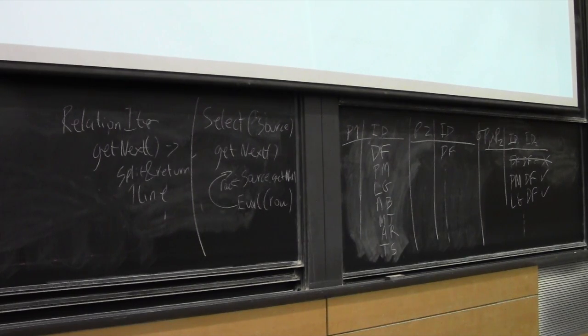All right, so one of the beautiful parts of relational algebra is that everything is a relation. So this query here, I can take this entire query and hide the fact that it's a query. I mean, this defines a relation.